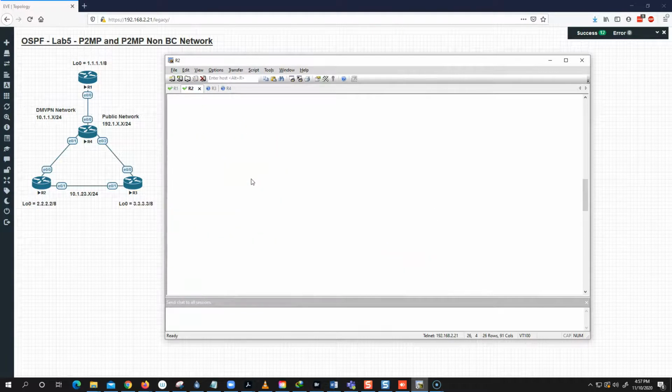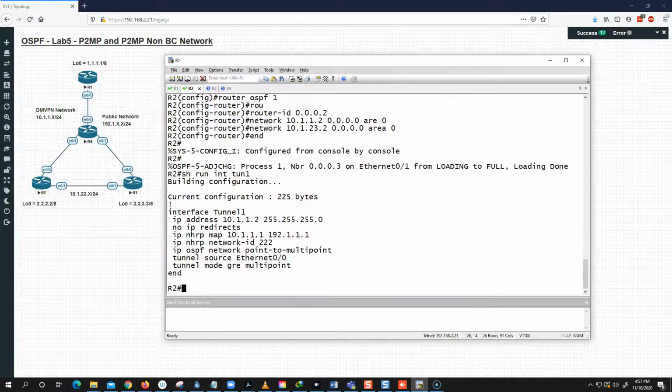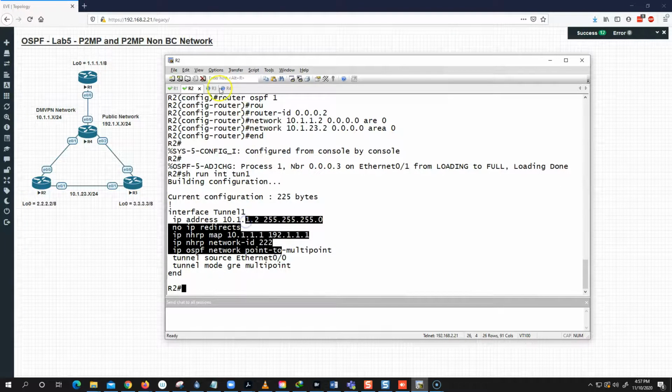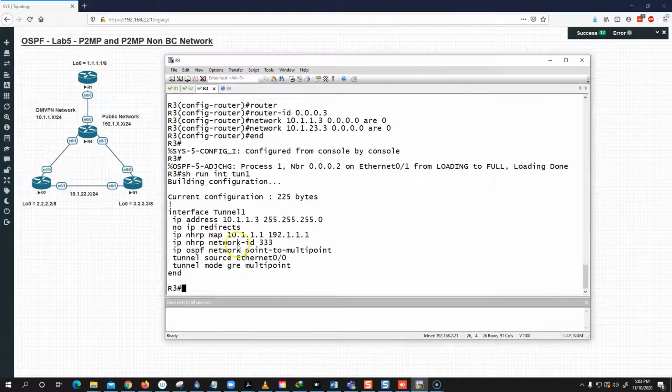If you look at router 3, right now we have one neighbor, but that neighbor is on this link, which is an Ethernet link. So let's look at show run interface tunnel 1. We do not have any multicast mapping.